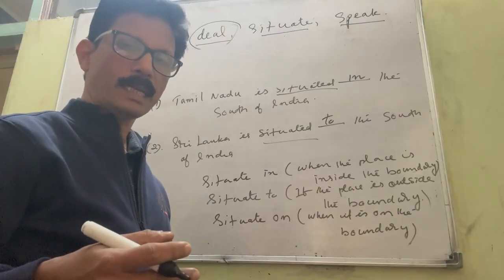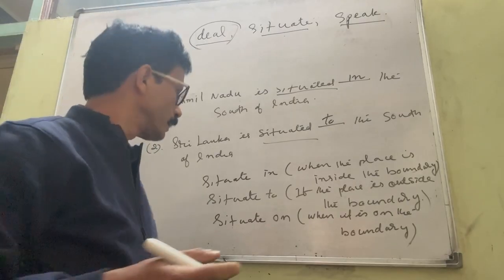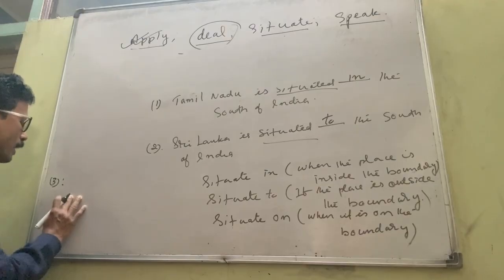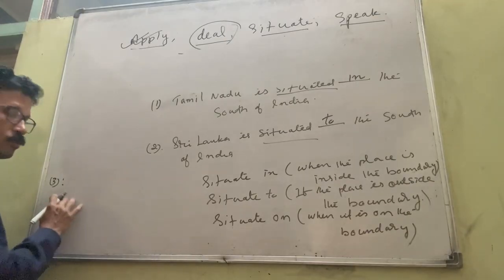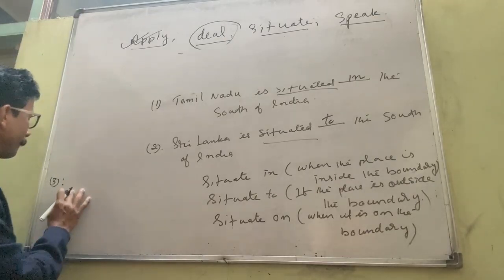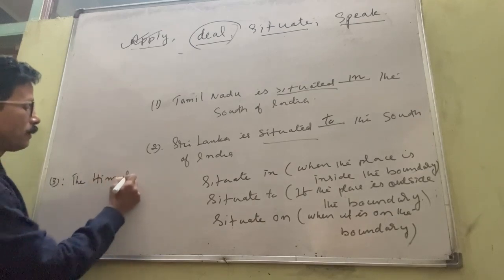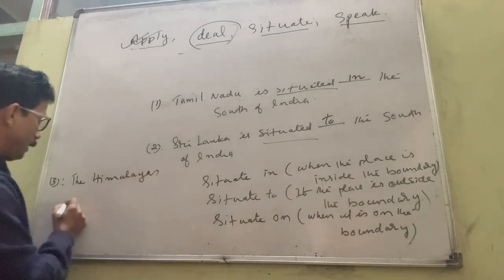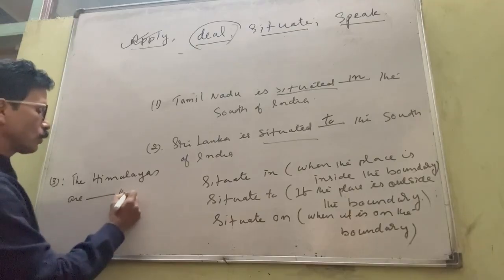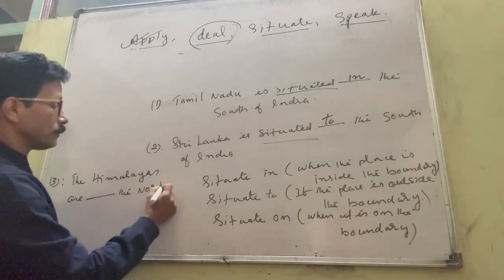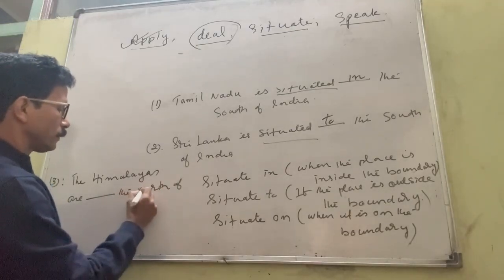Then I can again go for a recap. That is why I am writing here. I am utilizing this space in the corner. You see here, the Himalayas. The Himalayas are there, the north of India. North of India.